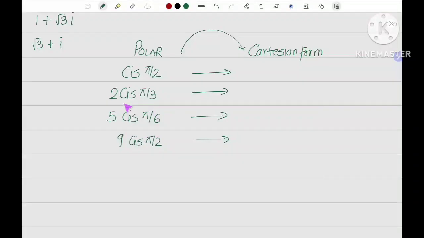So what is the magnitude of this complex number? 5. What is the argument of this complex number? Pi by 6. What is the magnitude of cis alpha? Cis alpha is multiplied by 1, so the magnitude of cis alpha is 1. Any complex number, doesn't matter what the argument is, cis alpha will always have its magnitude as 1.